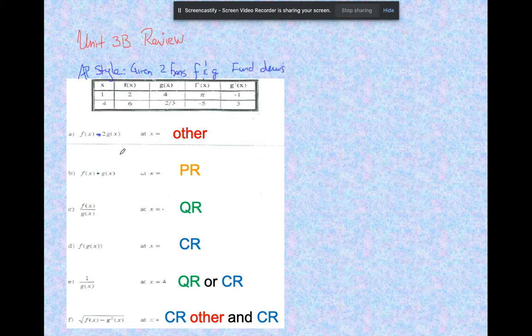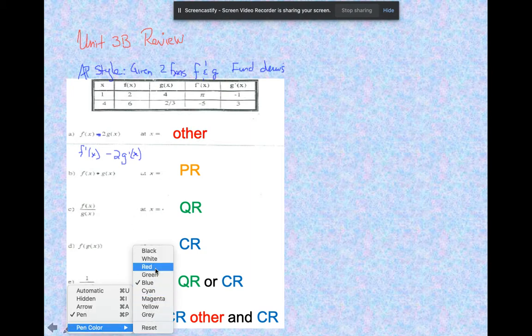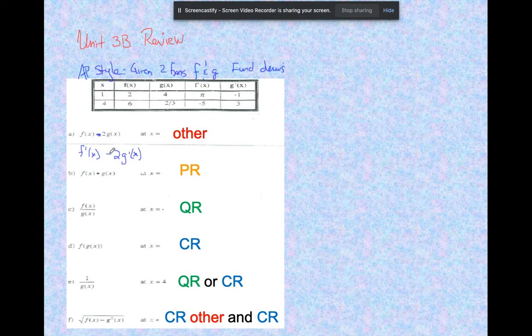So this says f of x minus 2 times g of x. What they're asking for then is f prime of x minus 2 times g prime of x. That's what they're asking for, and that's one of my other properties, right? It's the derivative of a difference is the difference of the derivatives, and they asked me for x equals 1.